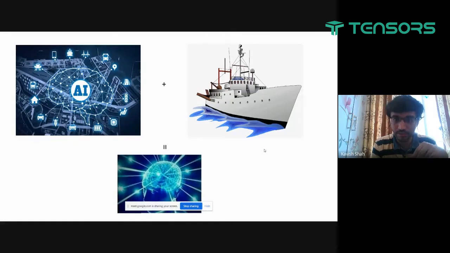That is a ship which drives itself. And I would say 70% of the goods transported all over the world are transported through ships. So just imagine how much this would help the worldwide economy if every ship was autonomous. You can just imagine the impact of this.